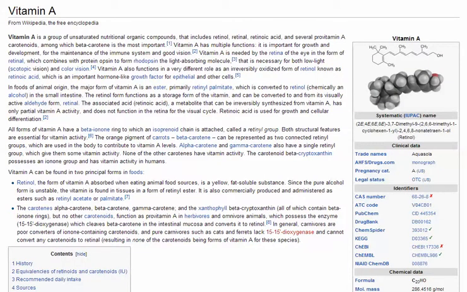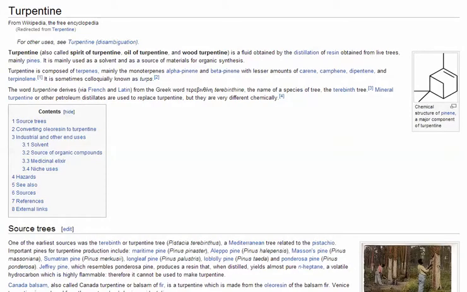Now, depending on how old you are, you maybe grew up with something very special in your medicine cabinet, and this is how we're going to end the terpene lecture. This very special elixir, that's what I'm going to call it, was called turpentine.